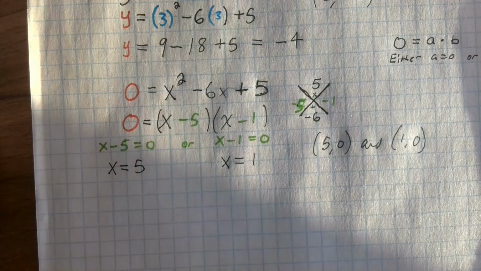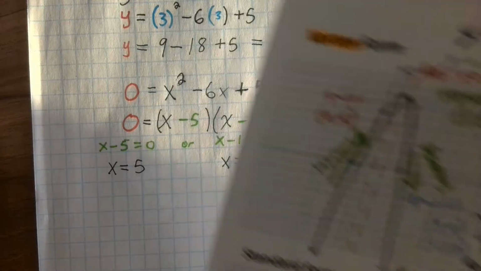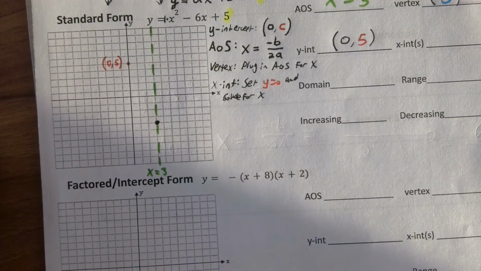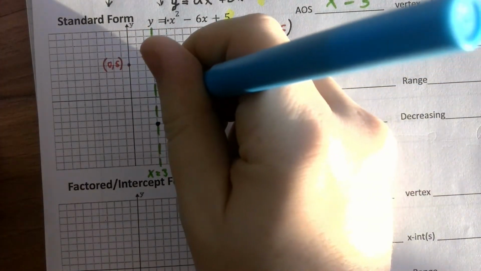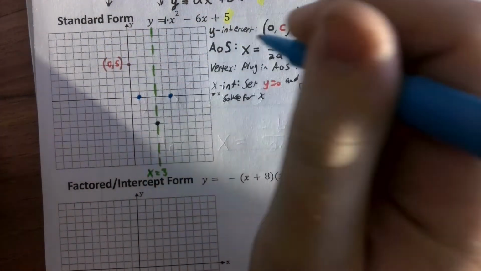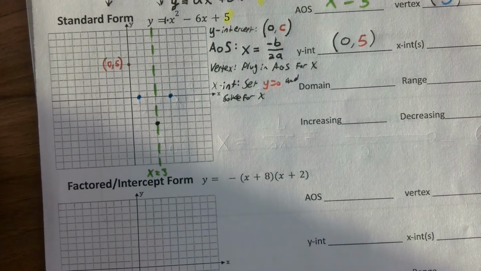Let's see if that makes sense in the grand scheme of things. If we take a look at our notes once again, do these make sense? Would it make sense for us to have x-intercepts at (5, 0) and (1, 0)? Why or why not? I think it absolutely does. Because remember what I said, the axis of symmetry flips our graph over.